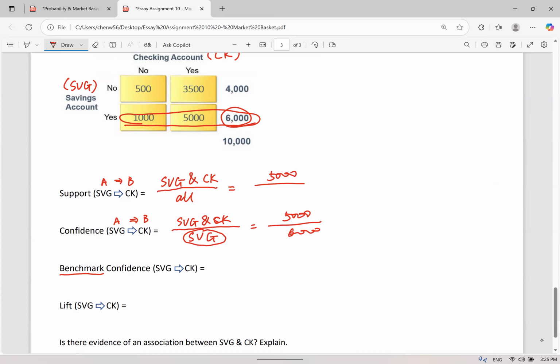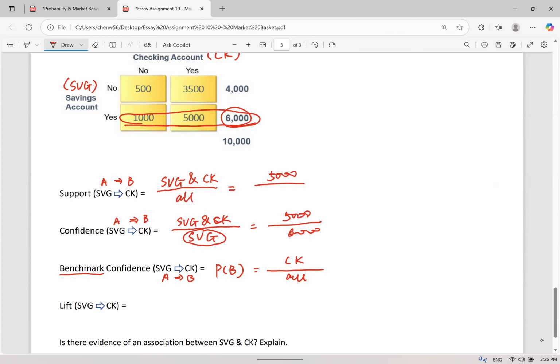Now the benchmark confidence. Again, this is A, this is B, but the benchmark confidence is the probability of B, right? So you just care about how many checking accounts out of all the transactions.